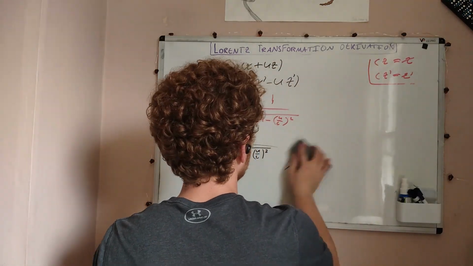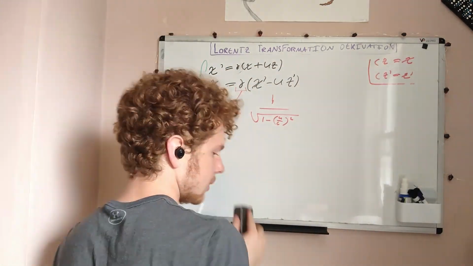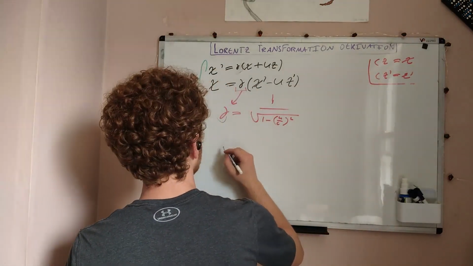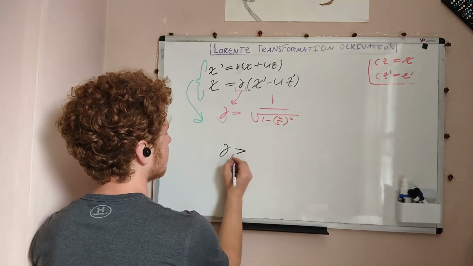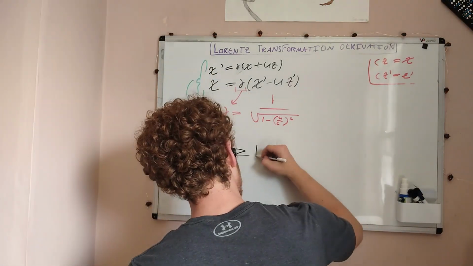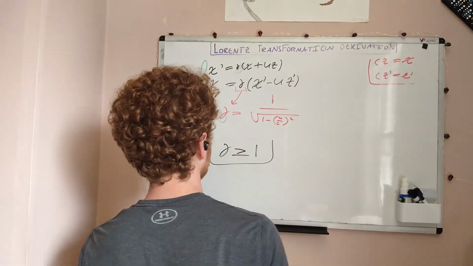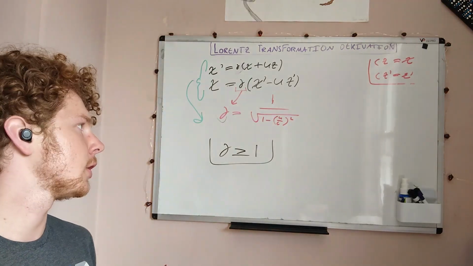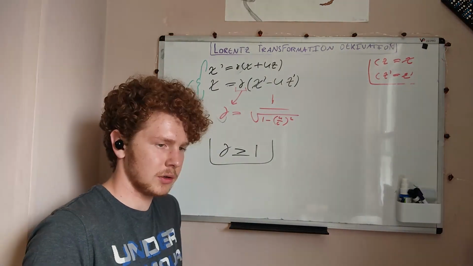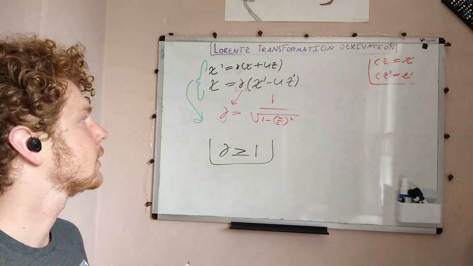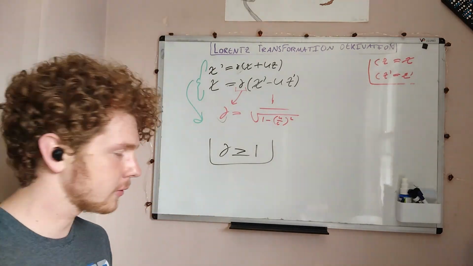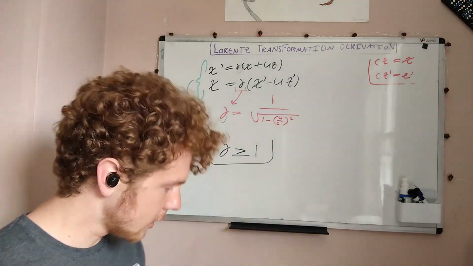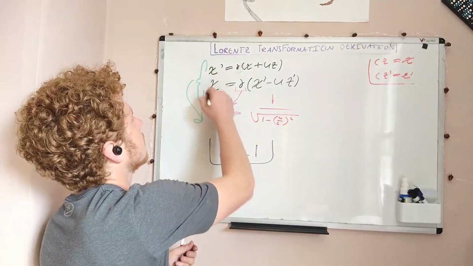So what we found is that alpha is a value which is greater than or equal to 1. It can equal 1, and if it equals 1, it's essentially the Galilean transformation. We basically did another transformation to get from the Galilean to these Lorentz transformations, which is what we derived here.